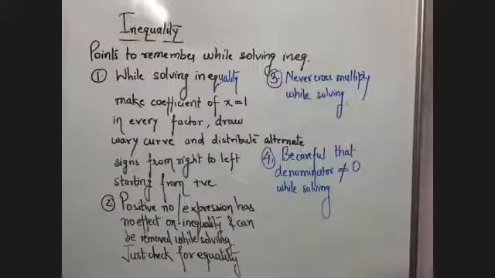Write these things down, then I'll explain. We should be careful while solving inequality that the denominator should not be equal to 0. In fact, we have to remove the values of x for which the denominator is going to 0. Write this.